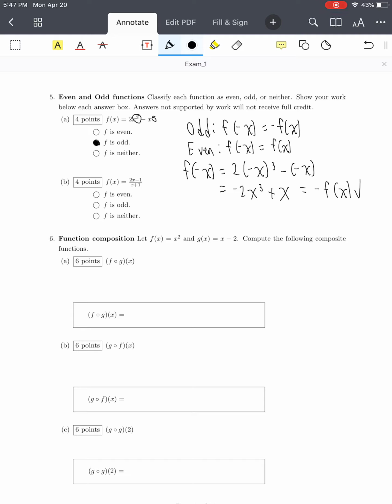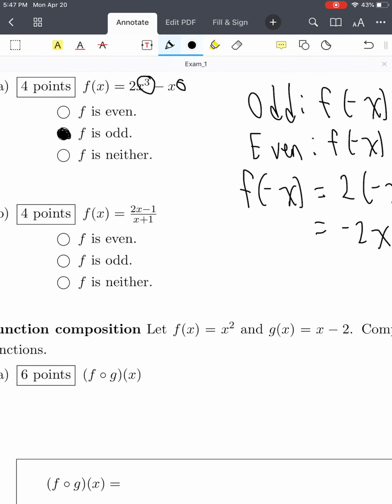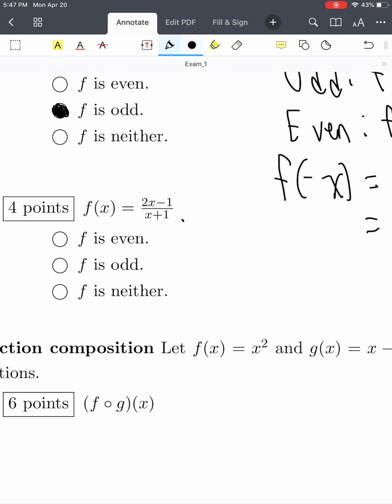For part B, we can't really tell. It's rational. We can't really tell if it's even or odd. So we'll do the same thing. Let's see, I think I can artificially create more room by zooming in. So here I'll say f of negative x equals 2 negative x minus 1 over negative x plus 1. So that's negative 2x minus 1 over negative x plus 1.